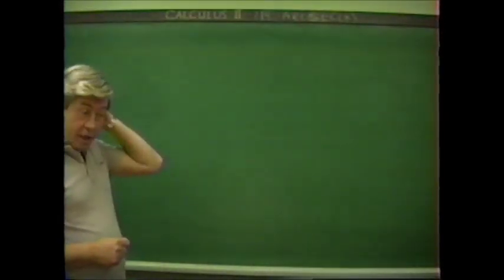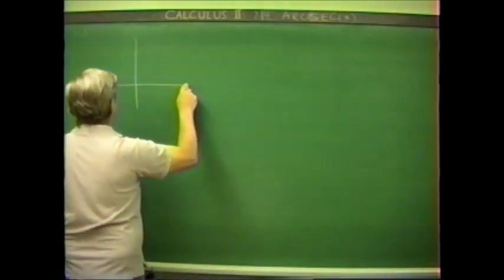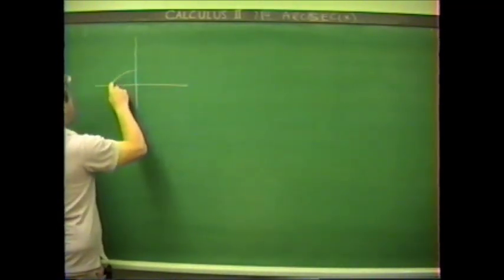Right, we wish now to look at the third inverse trig function, the inverse of the secant. And for this purpose, since the secant is 1 over the cosine, let's draw a cosine x here.